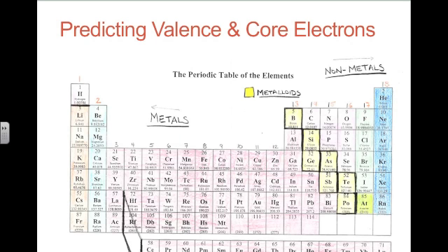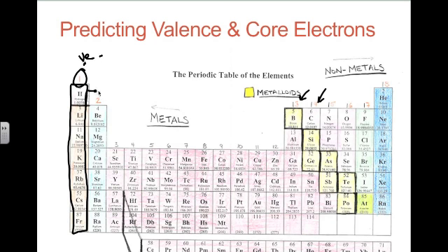So we'll stay here for just a second. If I'm looking across the top, I see that each of my columns is given a number. When we colored ours, we wanted to make sure we did these numbers in a separate color on the right-hand side and the left-hand side, because that ones digit is going to communicate how many valence electrons my atom is going to have. In the first column, every single element is going to have one valence electron.